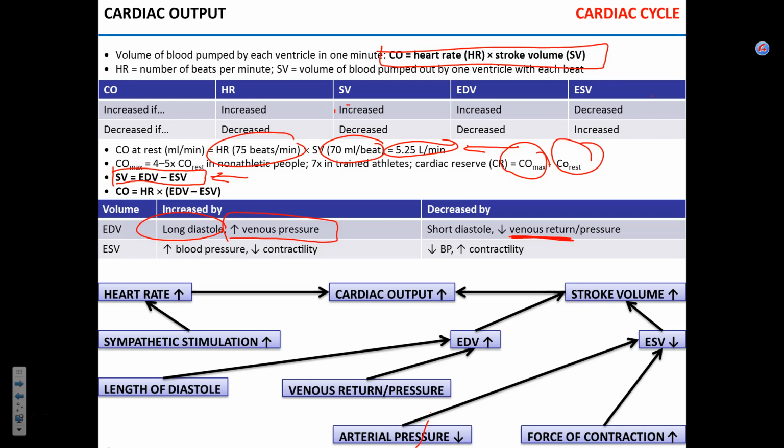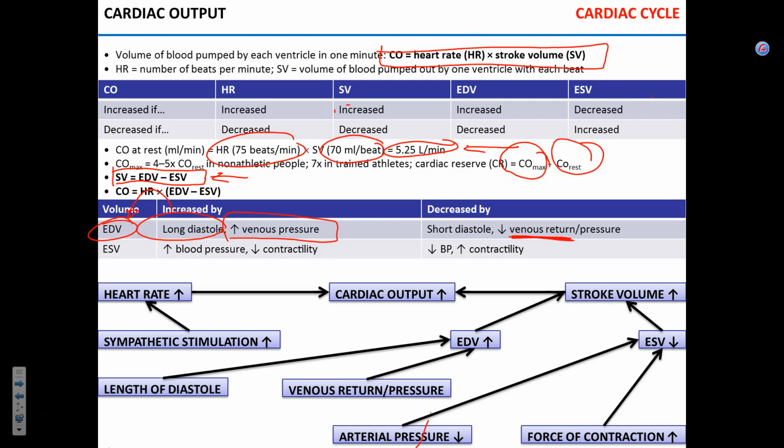The main thing, as Ebony mentioned, exercise. Turns out, when you exercise, you squeeze the blood through the veins and you increase the amount of blood that is returned into the heart. Does that make sense? We good? Cool. So increased venous return or decreased heart rate will both increase EDV.